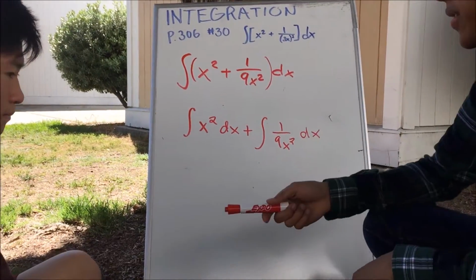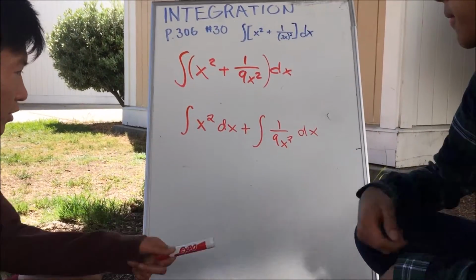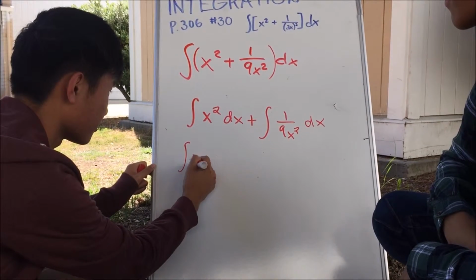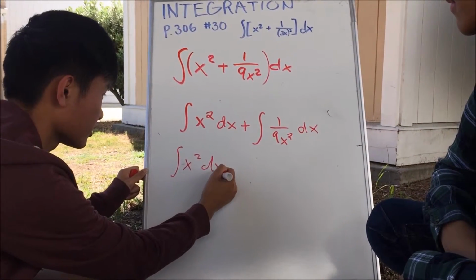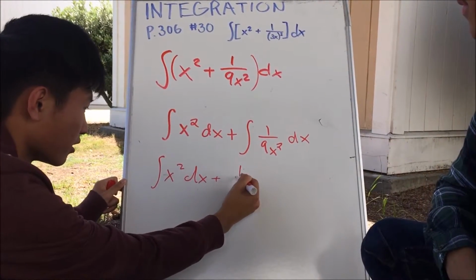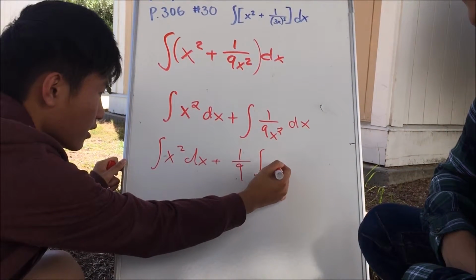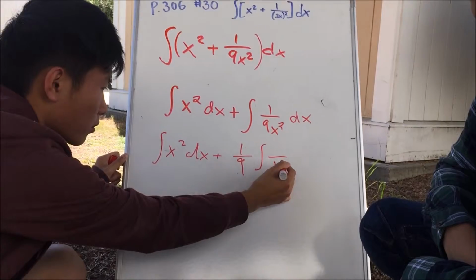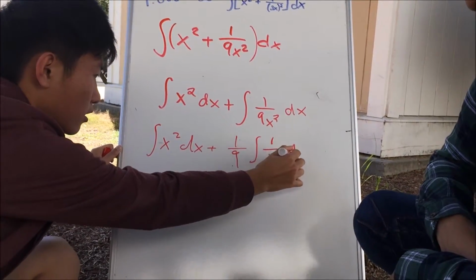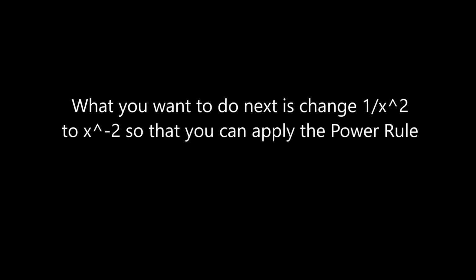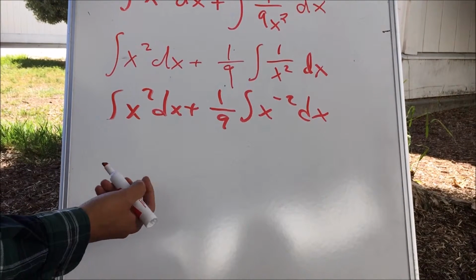Good, Sarah. Now, what do you do next, Anthony? You're supposed to separate the coefficient. So this stays the same, plus 1 over 9 integral of 1 over x squared dx. Now we're ready to integrate.